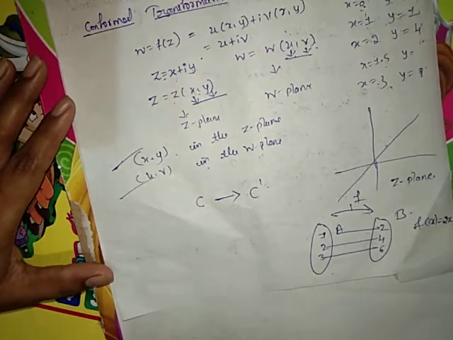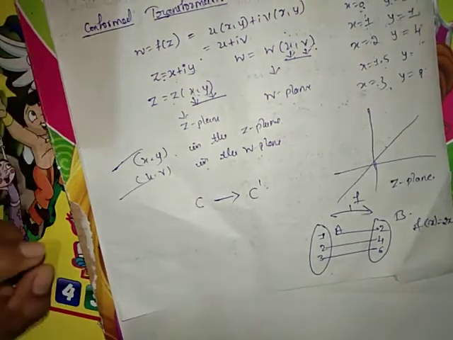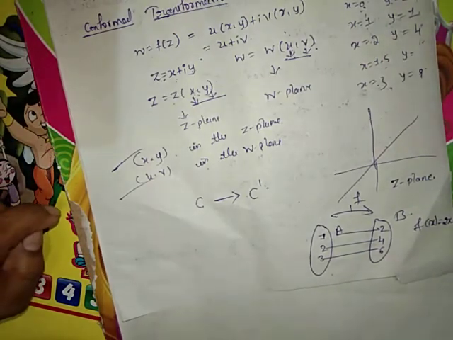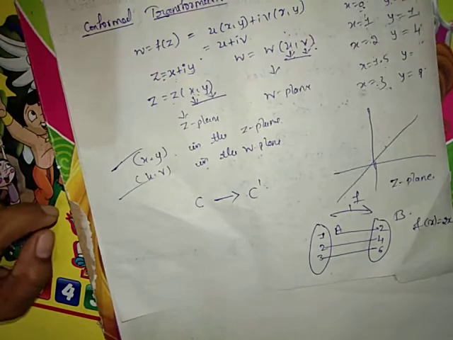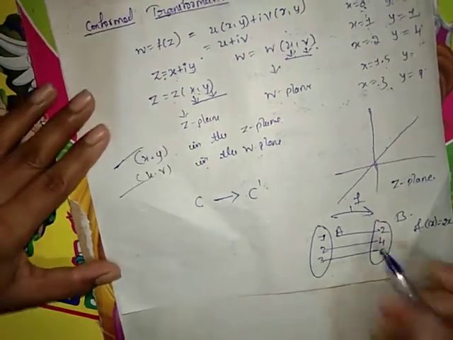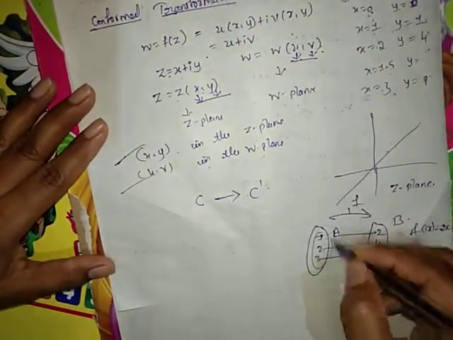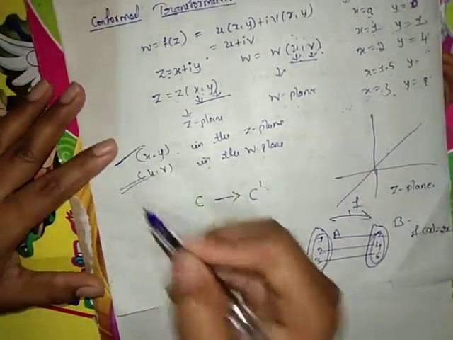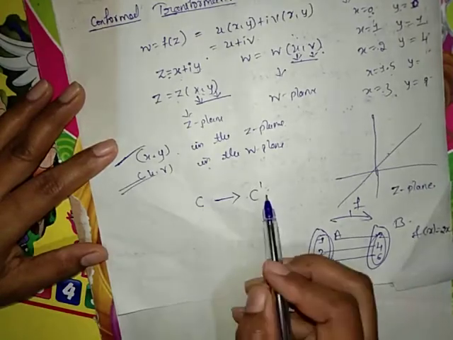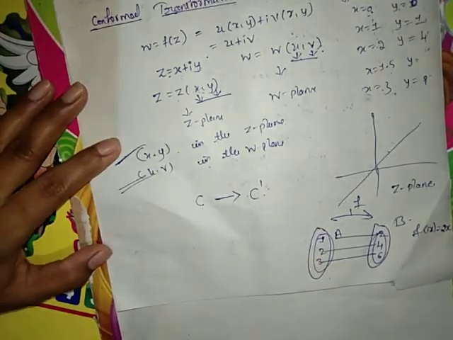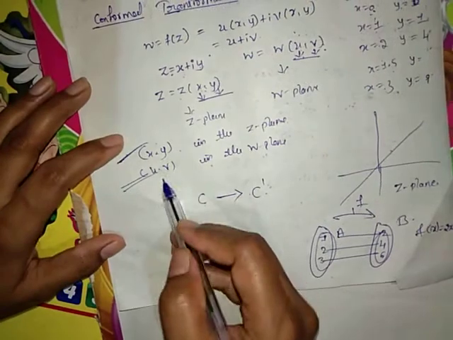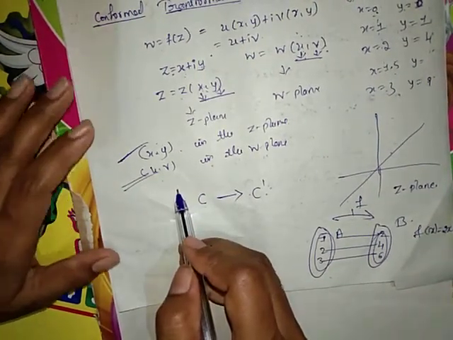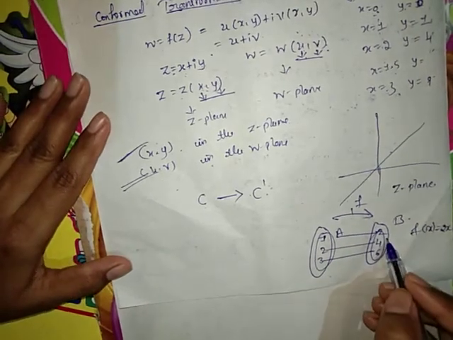So this is the mapping of the curve under the transformation w equals f of z. The corresponding set of points in the planes, like this. It is just an example, not exact. Whatever points we have used to transfer from C to C dash, those sets of points in these two planes will be called images of each other, as you have seen in your function.